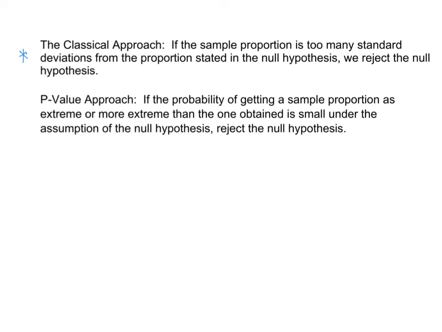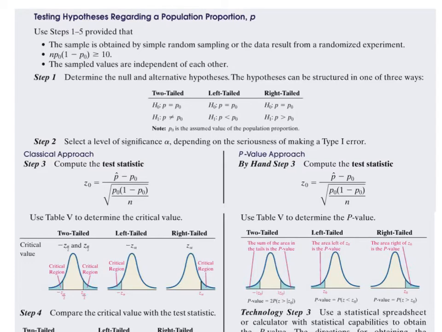The p-value approach: the p is related to probability. If the probability of getting a sample proportion as extreme or more extreme than the one obtained is small under the assumption of the null hypothesis, you reject the null hypothesis. This one we'll look at in a little more detail toward the end of the video, or maybe I'll break it out into a second video on the p-value approach.